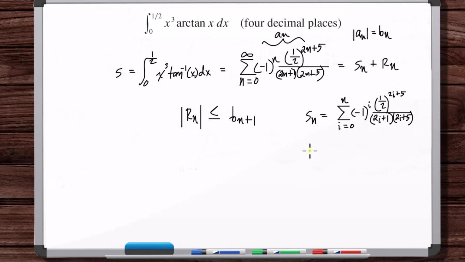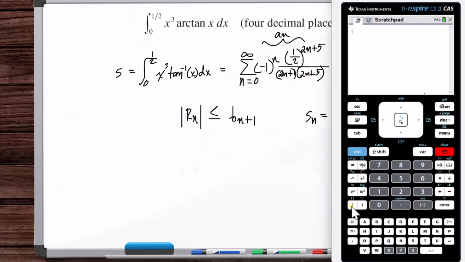Okay, now we want to type the B sub n into the calculator.